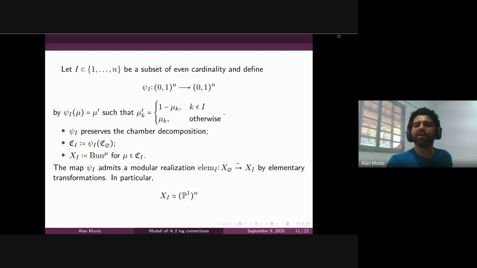We can define a map between moduli spaces that is actually an isomorphism, given by elementary transformations. In particular, for each I, say a set of even cardinality, this space is also isomorphic to a power of P1.